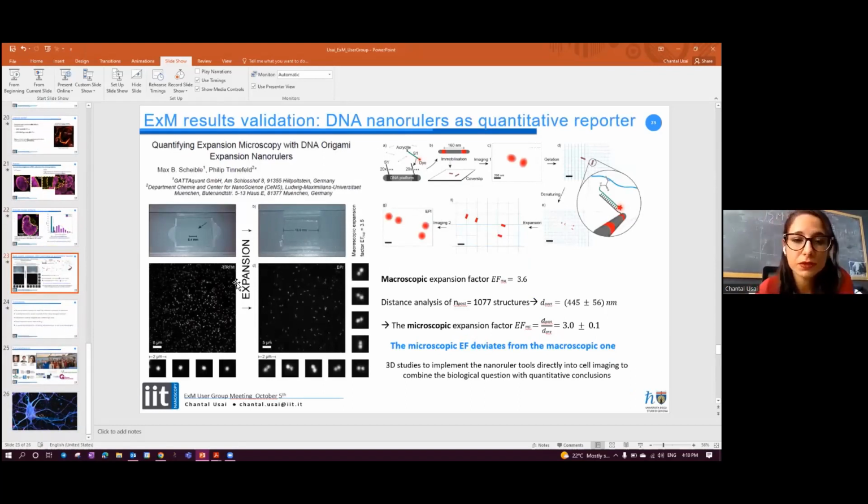In this work, they seem to be very well distributed because they put it on the cover slip and then synthesize the gel, and I think we will do the same thing because we have the cover slip ourselves. Then we will infuse with the DNA nanoruler solution, and then we will add the monomer solution. So that's it. Keep me posted. Thank you.